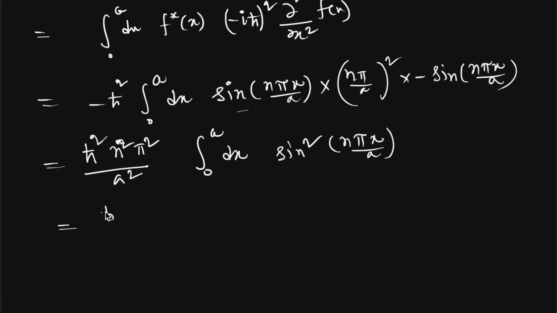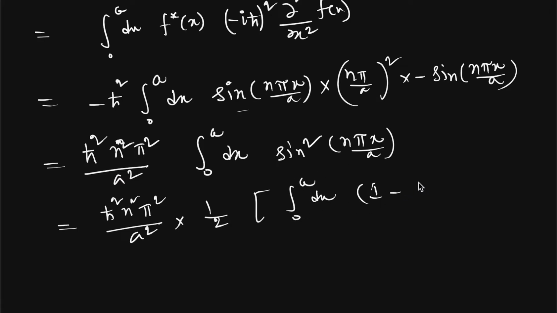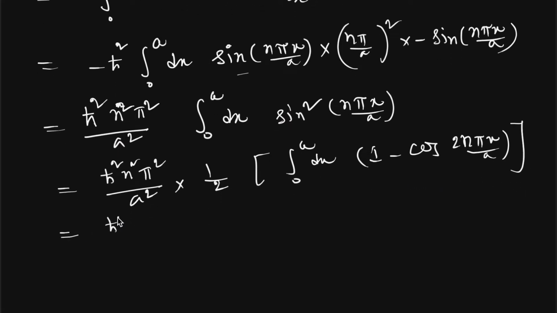That will be h cut square n square pi square by a square into 1 by 2 integral 0 to a dx, where 2 sin square x means 1 minus cos(2n pi x by a). So that means this integration gives h cut square n square pi square by 2 a square.